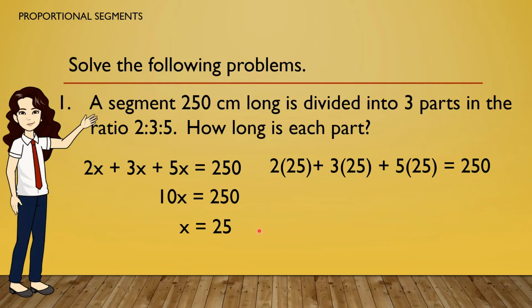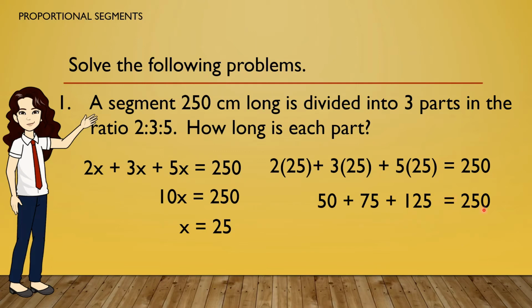After that, you're going to substitute the value of x into 2x, 3x, and 5x. In 2x, we have 2 times 25, and that is 50. In 3x, we have 3 times 25, and that is 75. And in 5x, we have 5 times 25 is 125.